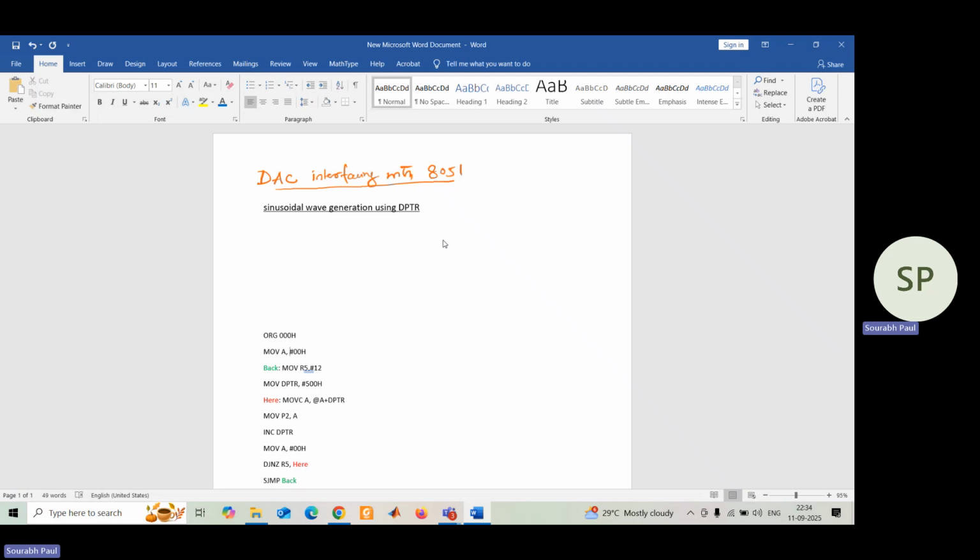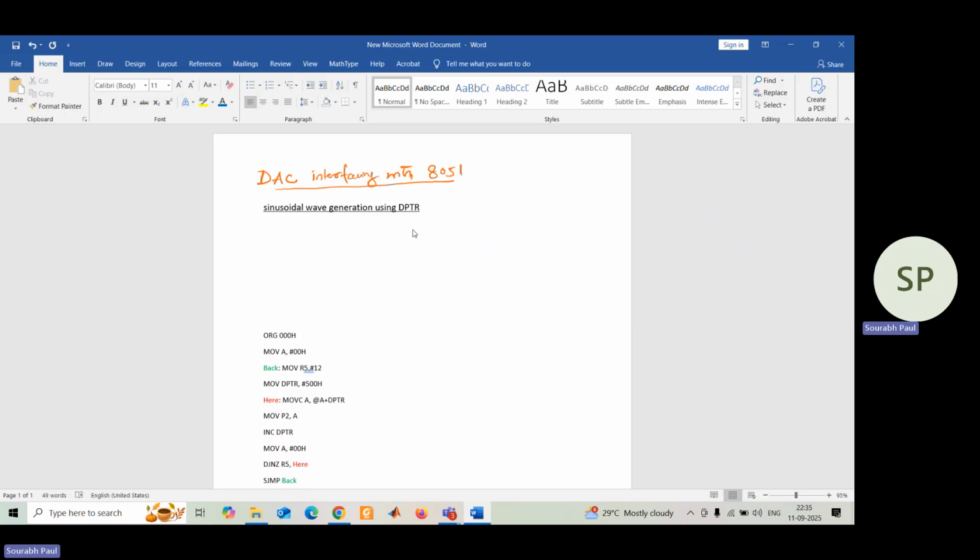For that we have to write one assembly language code. The objective of this lecture is to write one assembly language program where I'm going to use DPTR to generate a sinusoidal wave. This is a very common and interesting topic of DAC interfacing with 8051.